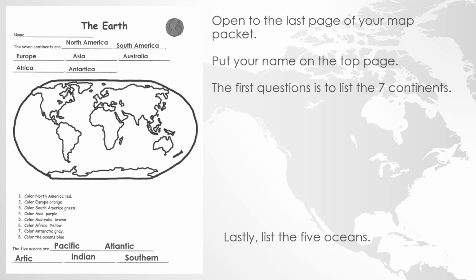And this map didn't put the pretend line there. You're going to have to kind of guess about where that line should be, remembering that Asia is going to be colored purple, and Asia is the largest continent, okay? So don't make the purple area too small.